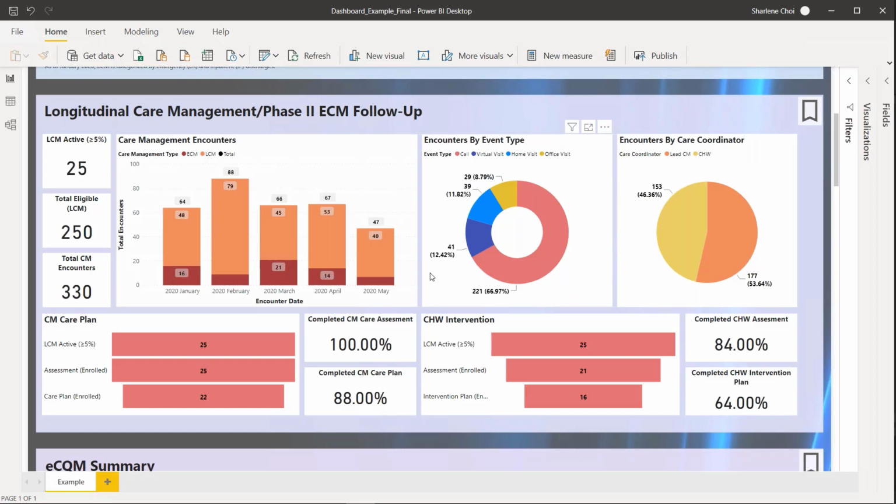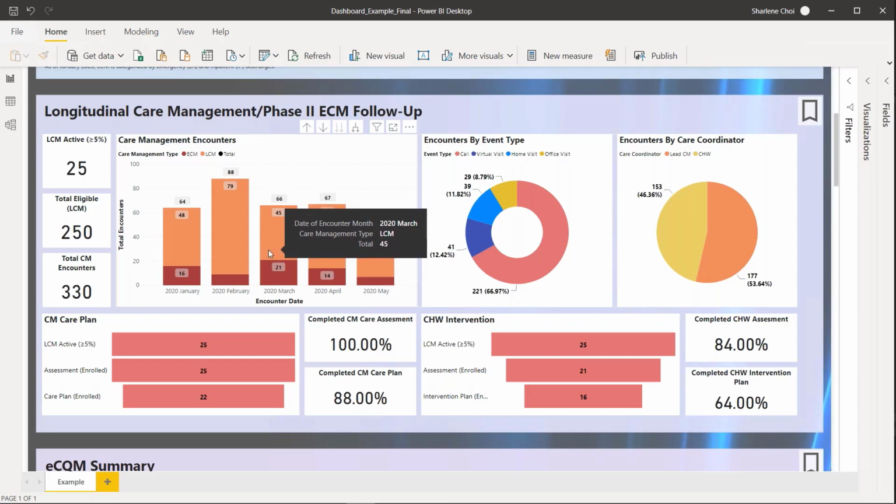These graphs are helpful to monitor as you determine the resources you may need for your patient volume, especially for high-risk patients. As you can see in the first bar chart, the encounters are categorized into episodic care management follow-up, beyond the initial outreach, as well as longitudinal care management.